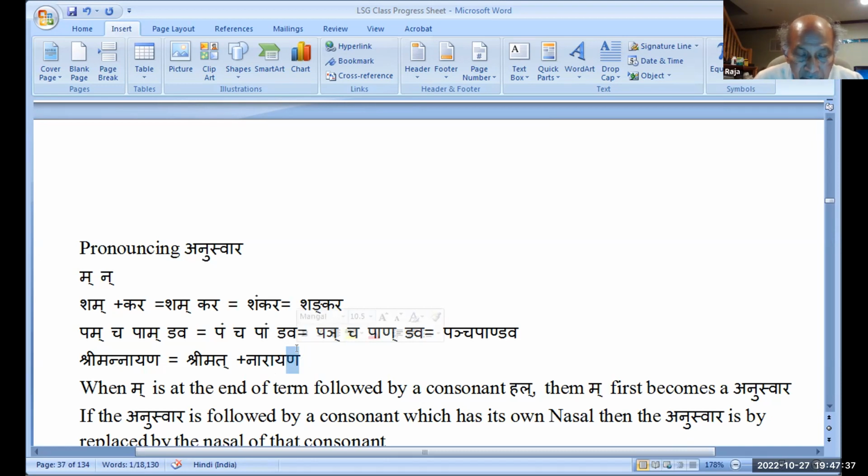So I will explain in the consonant sandhis. That Srimat, two steps, becomes Sriman. That's one step. Then Narayana is another step. Then you add them simply. The Nakara and this Nakara becomes a double Nakara. You put Sriman Narayana.